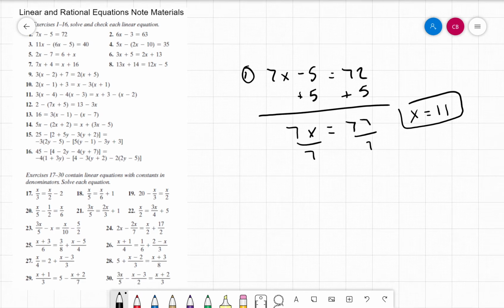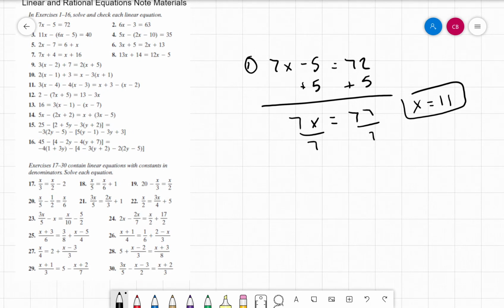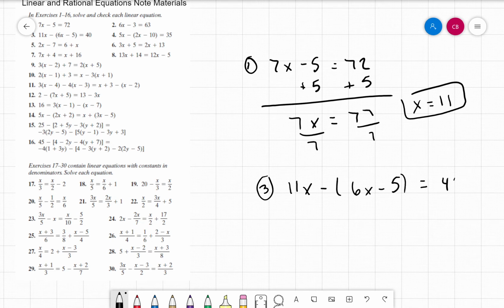Okay. If we keep going, let's do 3 now. 11x minus, notice the parentheses, 6x minus 5 equals 40. Then our goal is to separate the x's from the regular numbers. So let's remember to distribute this negative sign first.